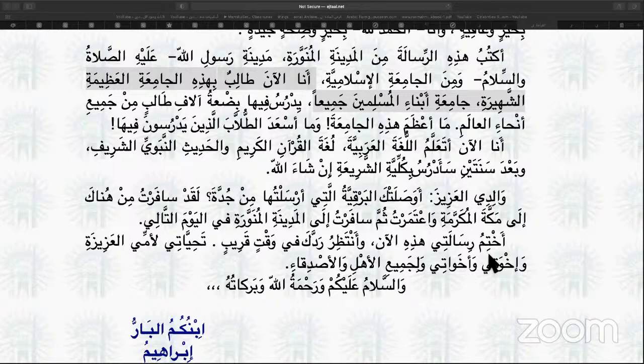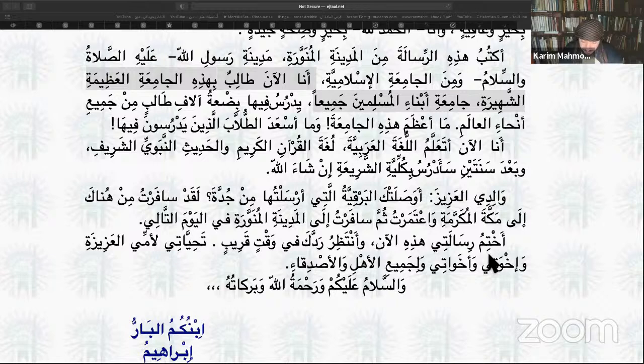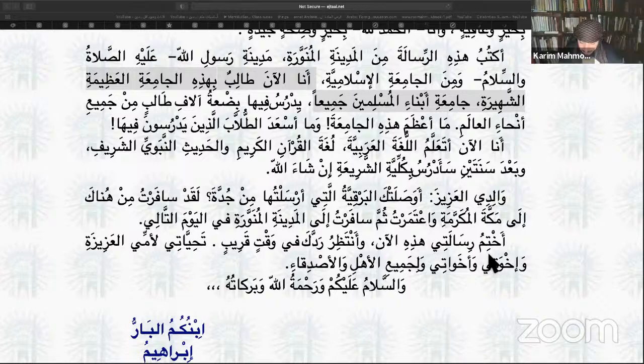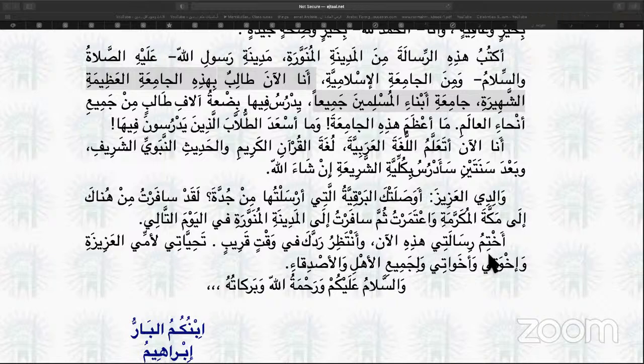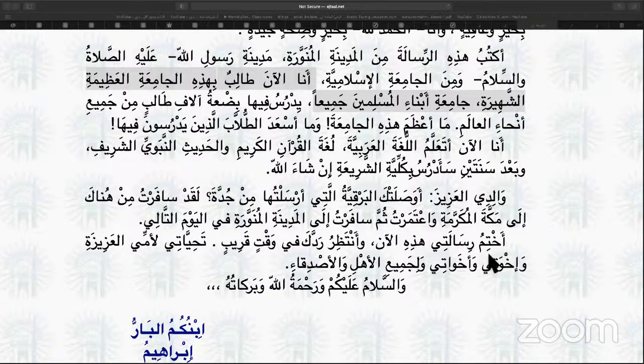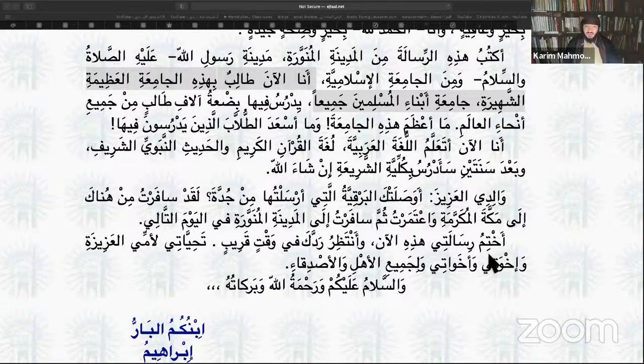The university of my Muslim sons. جامعة أبناء المسلمين. The children of the Muslims. جميعا, all. The university of all the children of the Muslims. Okay. ما شاء الله.